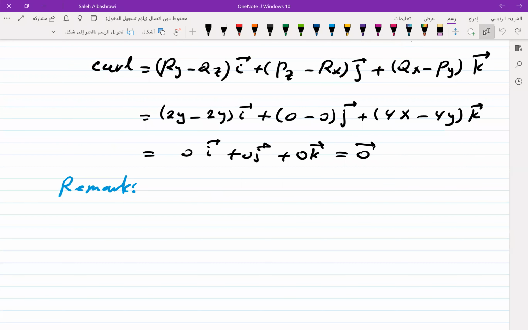If the curl is equal to 0 everywhere, you can say that if the curl of a vector field is equal to 0 everywhere, we say that the vector field is irrotational.